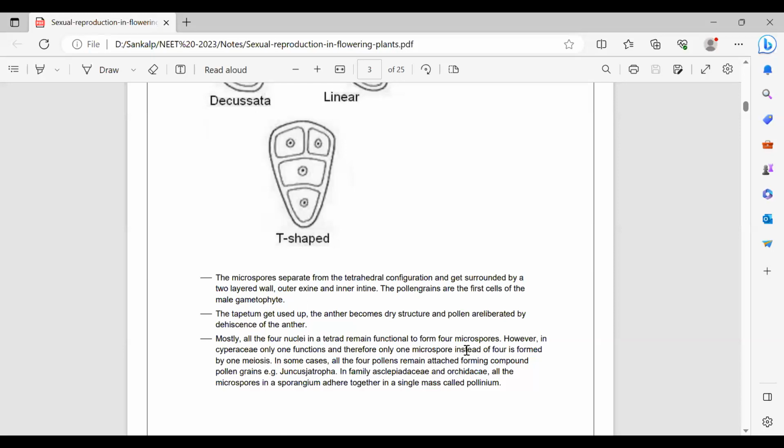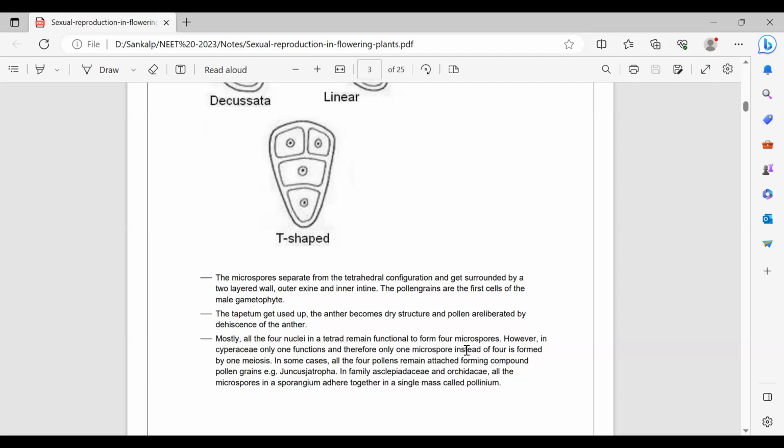The microspores separate from the tetrahedral configuration and get surrounded by a two-layered wall, outer exine and inner intine. The pollen grain is the first cell of the male gametophyte. The epidermis gets used up, the anther becomes a dry structure and pollen grains are liberated by dehiscence of the anther. Mostly all four nuclei in a tetrad remain functional to form four microspores.